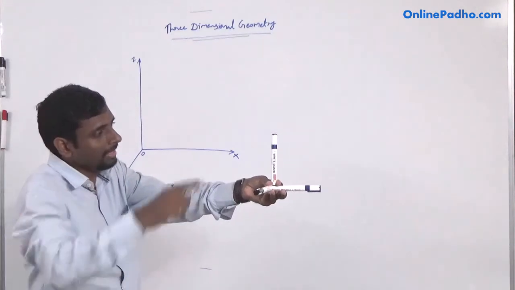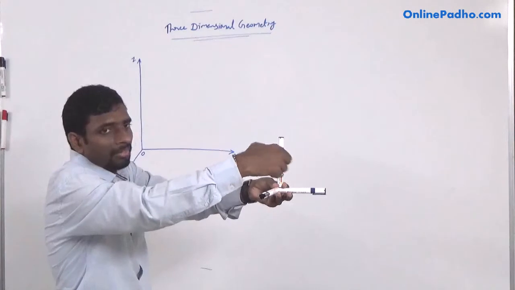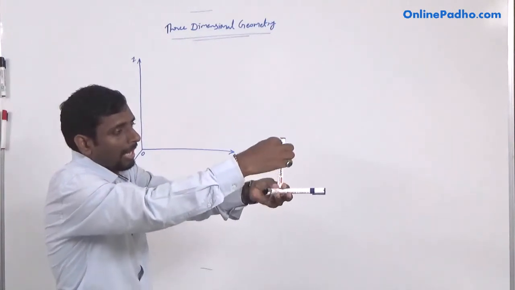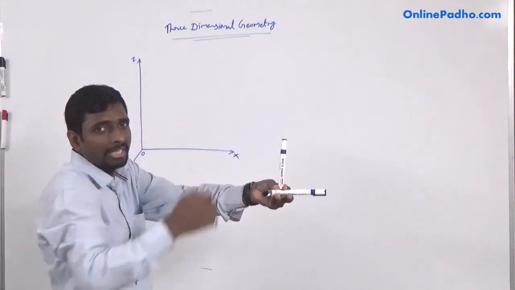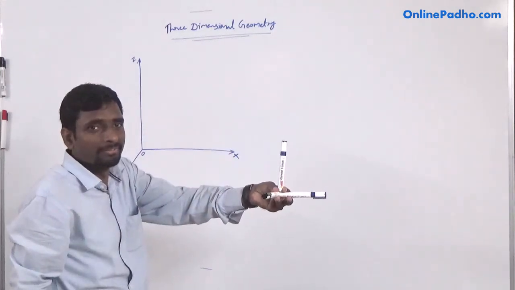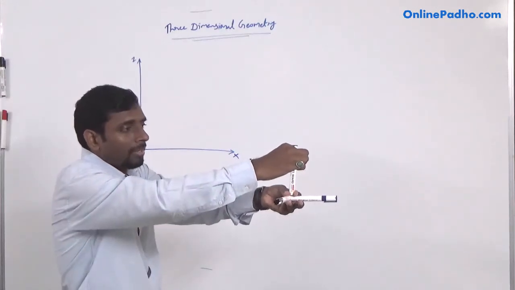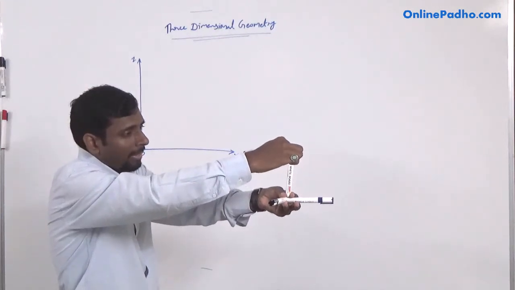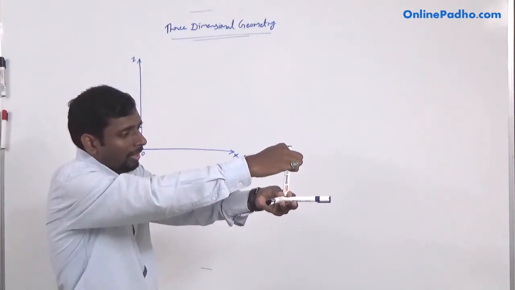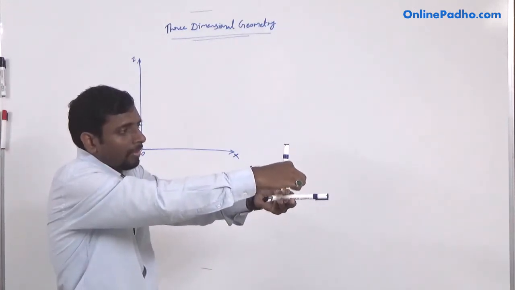Now you can see if a point lies in this octant, this is called the first octant. If a point lies in this octant, it means each of the x, y, and z coordinates is positive here. For example, if we have the point 1, 2, 3, this is the point 1, 2, 3. If you draw a perpendicular to the x-axis, the distance from the origin will be 1 unit.